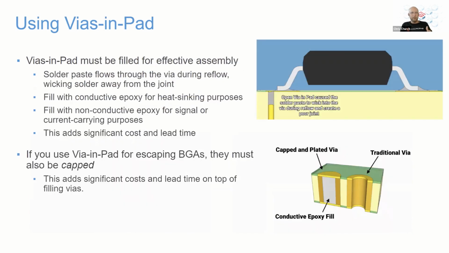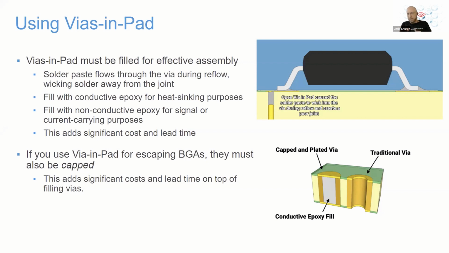And let's explain why. When we have a via in a pad, and we've got a graphic you can see on the top right here, if it's not filled, what'll happen is during the assembly process, during the reflow, the solder paste will actually flow into that via, pulling it away from the pin. And we can see on this pin, the pin on the left doesn't have a proper fillet on it, whereas the pin on the right does.